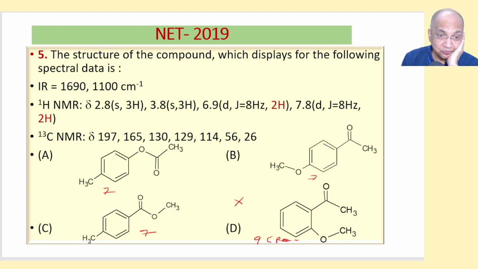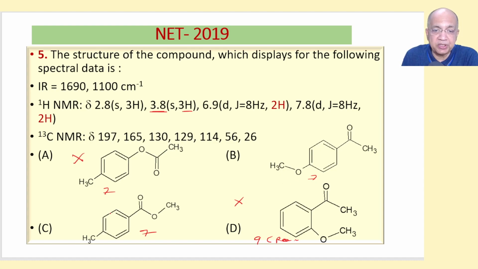Now see. If you are a little conversant, then this 3.8, 3 proton singlet has to be the methyl group bonded to O. So here there is no such thing where a methyl group is bonded to O, so this is ruled out.